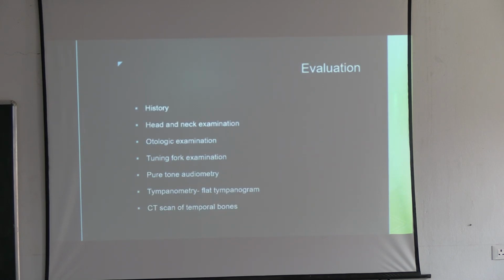Evaluation. How will you evaluate? From history, scanty discharge with unexplained hearing loss, due to bone destruction and ossicular chain destruction. Head and neck examination, otology examination, tuning fork examination, pure tone audiometry, tympanometry, where there is a flat tympanogram, and CT scan of the temporal bone sometimes required.